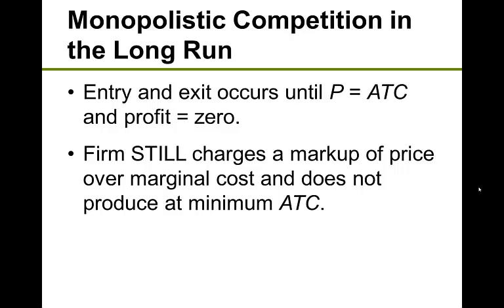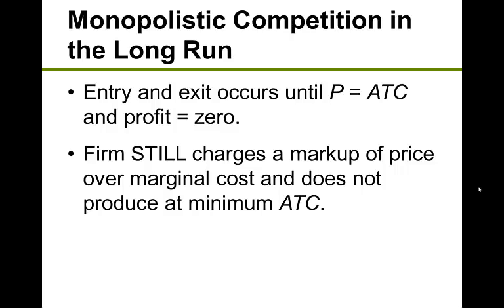That means that if firms are earning profits in the short run, new entrants will come into the market, and that will happen until there are no profits left. So that will happen until price is equal to average total cost. But our firm is still going to charge a markup of price over marginal cost. And it's not going to produce at the minimum possible average total cost like we saw in perfect competition.